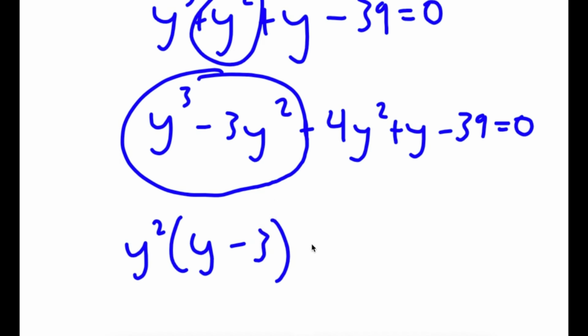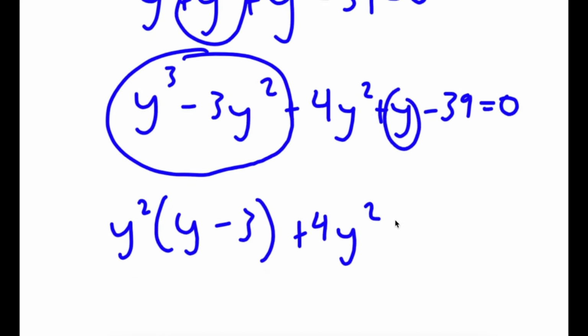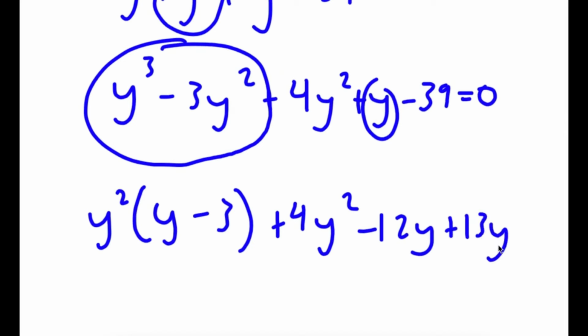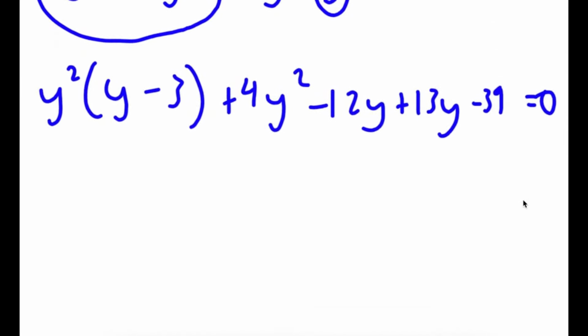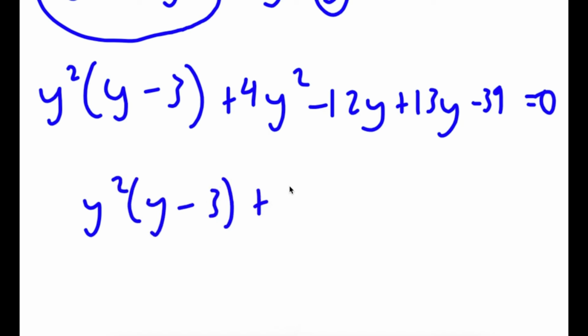So now I'm going to add 4y squared, and I'm going to rewrite y here as negative 12y plus 13y. So now from here I have y squared times y minus 3 plus, from 4y squared minus 12y, I can factor out 4y.